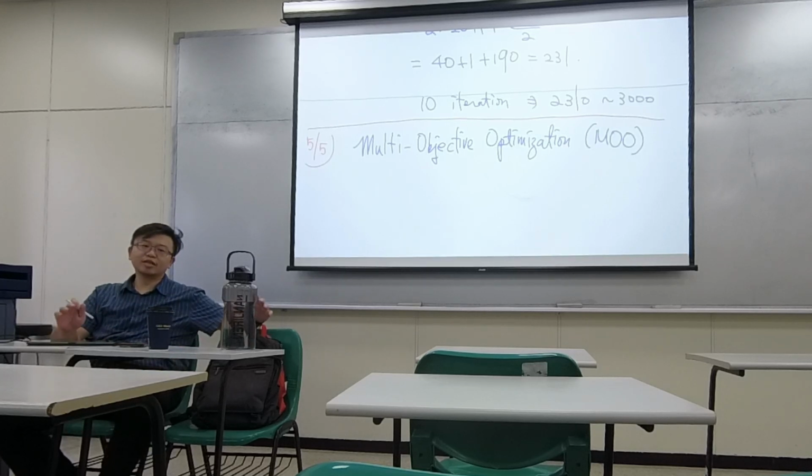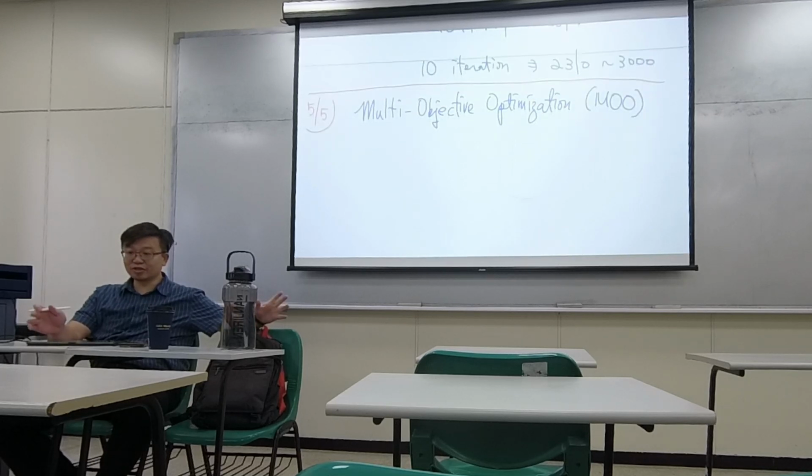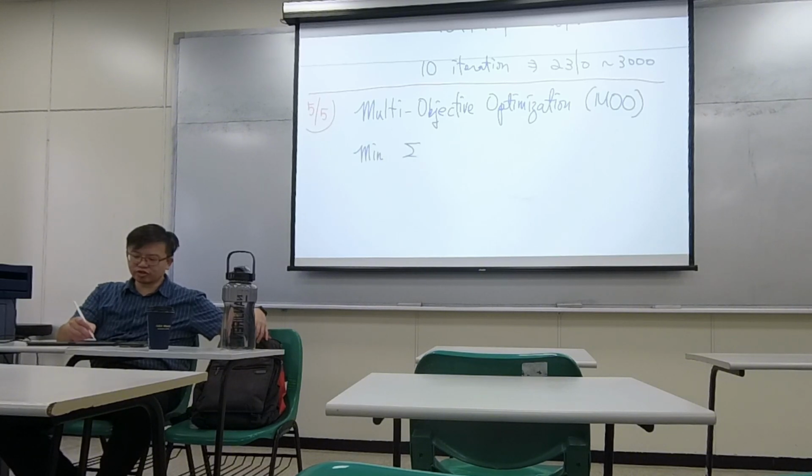And the most common method to solve this is to use this formulation, sum of wi fi, where sum of wi equals 1.